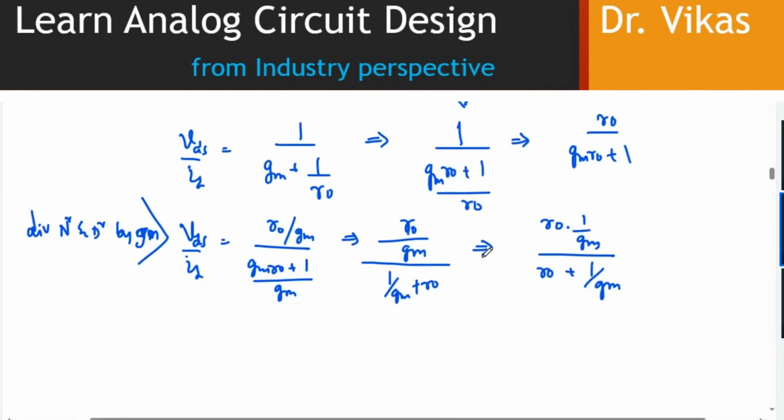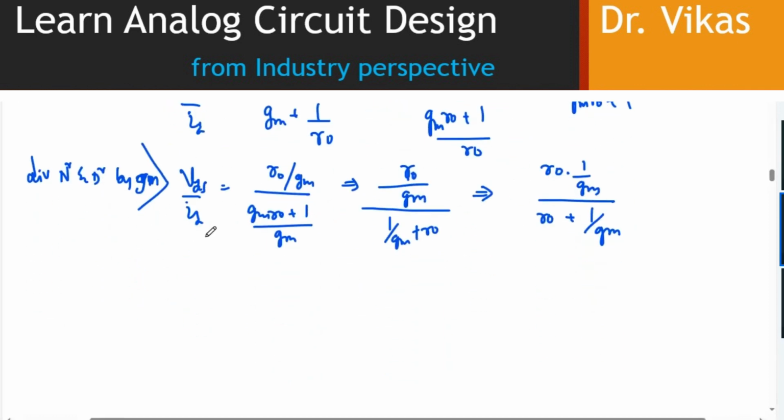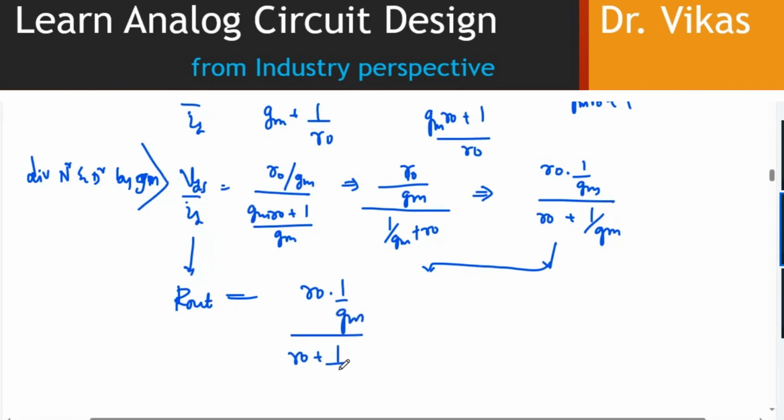Now if you closely observe, this is basically your R out and your final expression is this, R naught into 1 by Gm divided by R naught plus 1 by Gm. Can I write this as R naught parallel 1 by Gm?